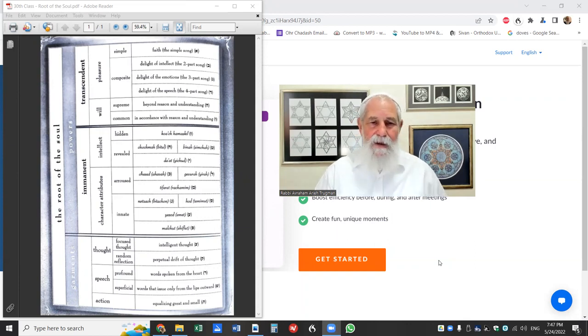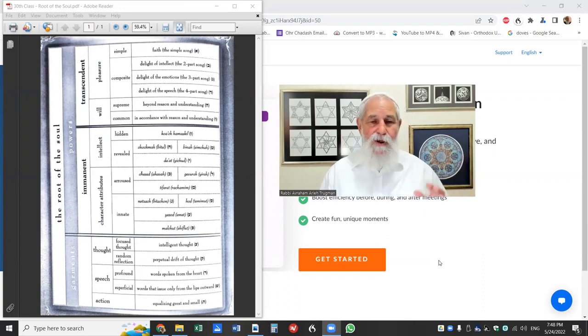And here, the expression used in the right-hand column is that profound speech is words spoken from the heart. And this is the expression in the Gemara that words from the heart enter the heart. In other words, when a person talks from their heart, honestly, with real feeling, the person hearing it will be receptive.